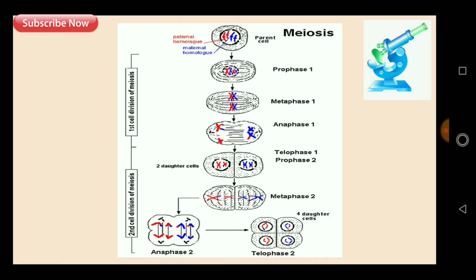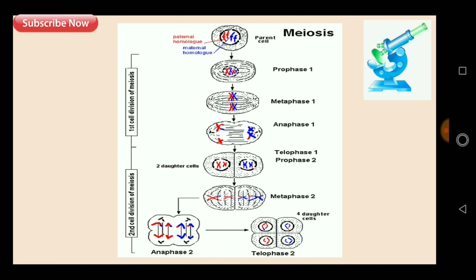In the diplotene stage, terminalization and formation of chiasmata occur. In zygotene and diplotene, the actual exchange of genetic material takes place, so an X-shaped chiasma is developed in that phase.